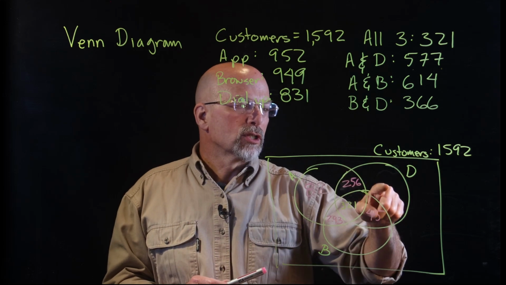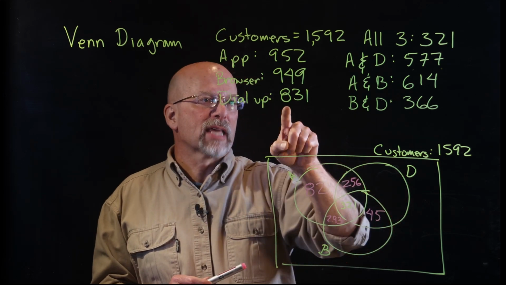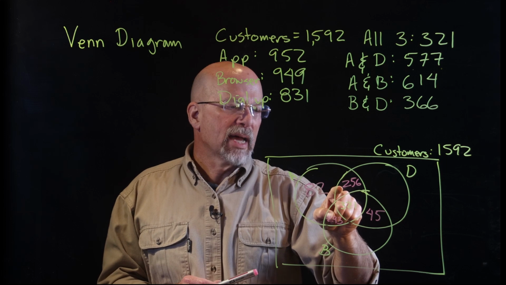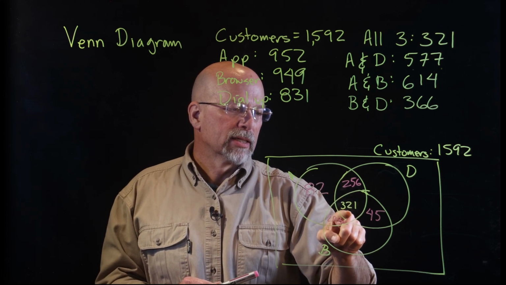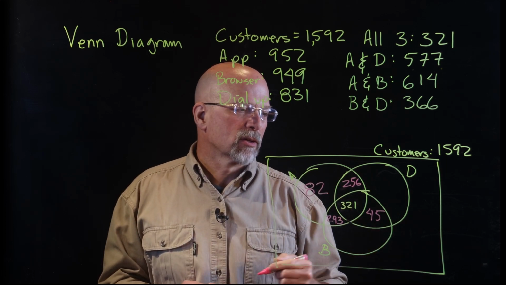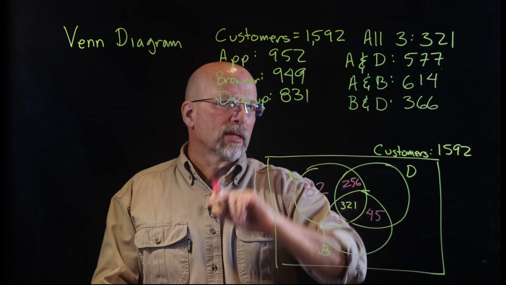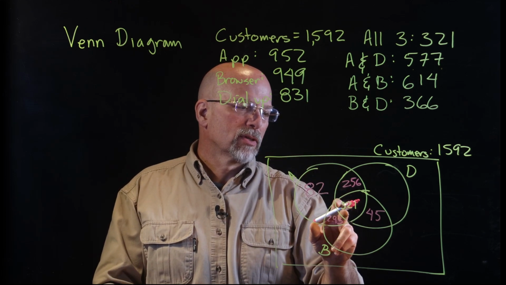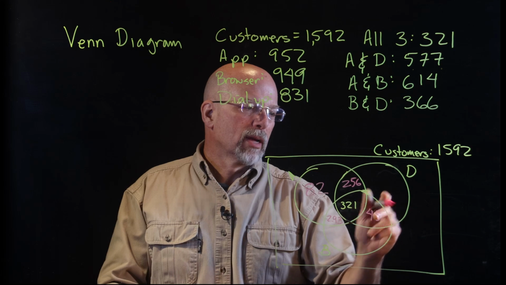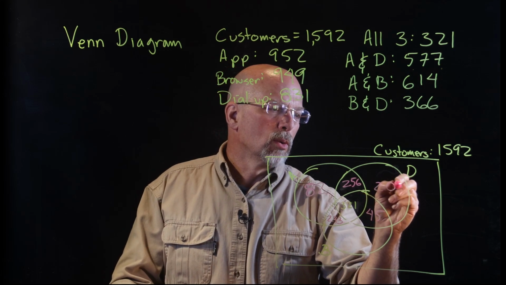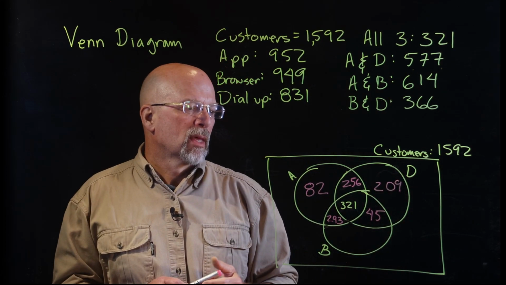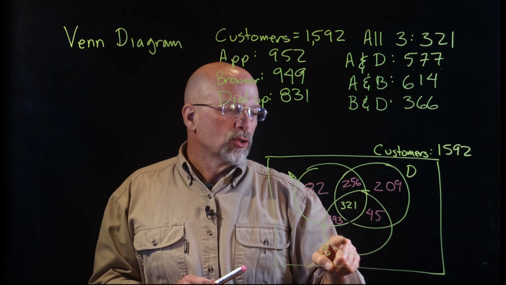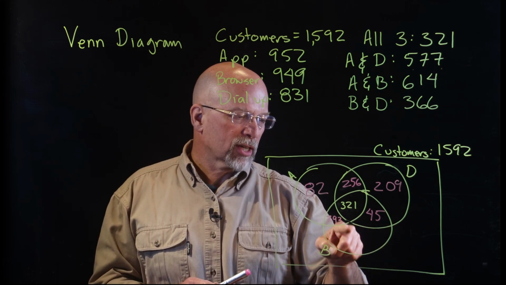How many have used just dial-up? Well, that's how many people have used dial-up minus 256 minus 321, and then minus 45. So 831 minus 256 minus 321 and minus 45 is equal to 209. And then how many people have used only the browser, this section down here?